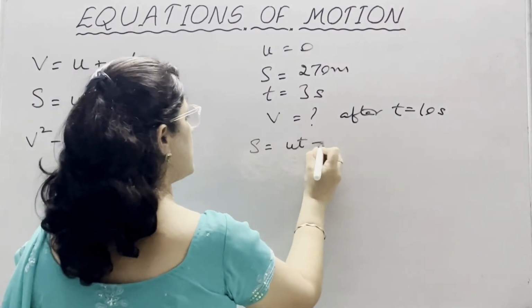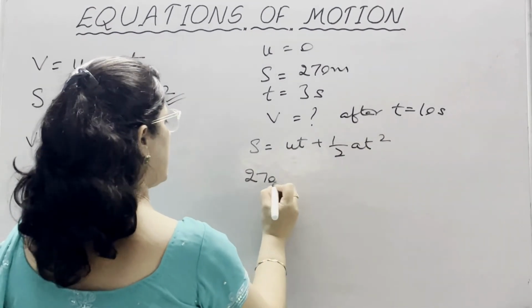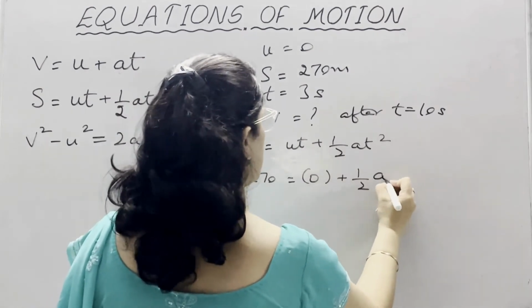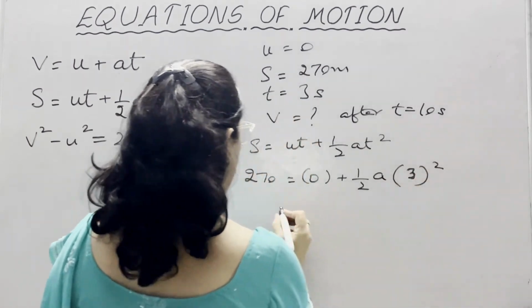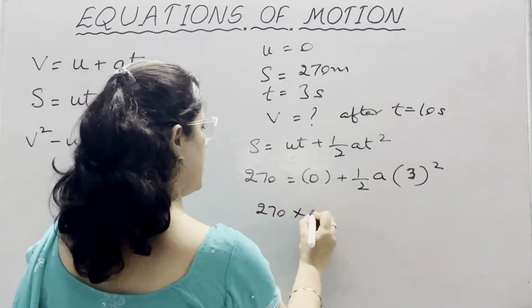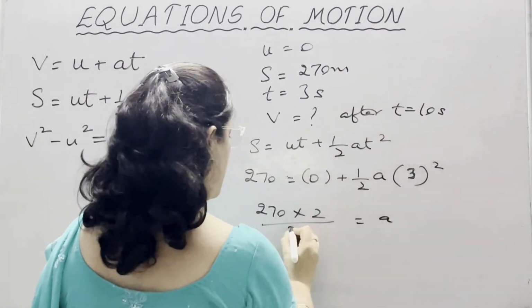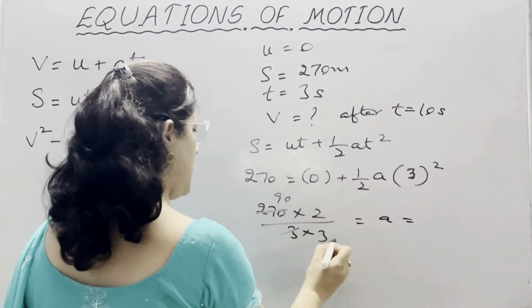S is equal to ut plus half at square. S is given as 270. This part is 0. Half acceleration we need to calculate, and time is 3 square. Now 270, this 2 comes here, and the 3 square, 9, comes in the denominator. Now 90.